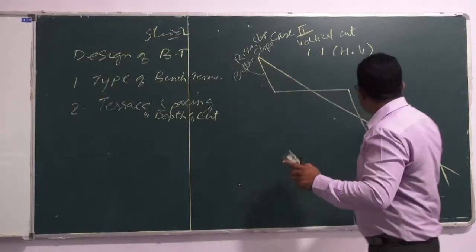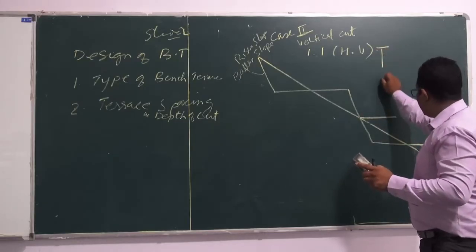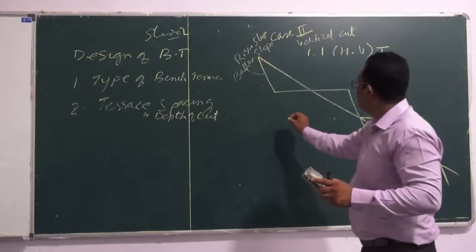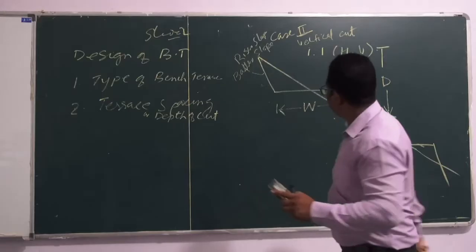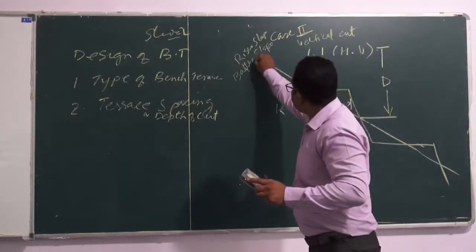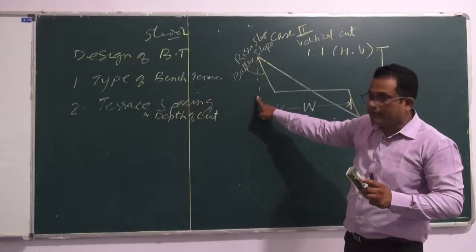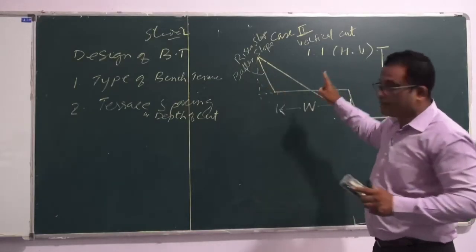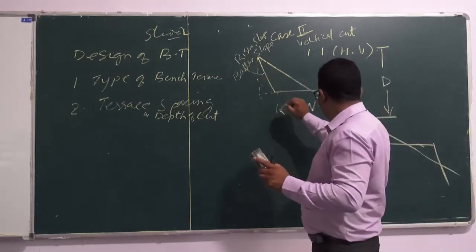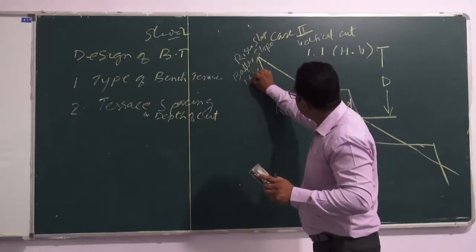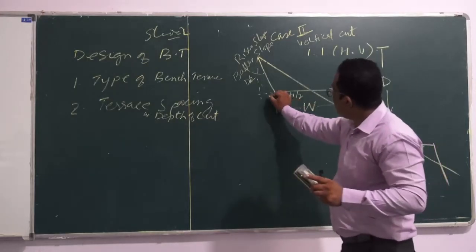So 1:1 means this is your vertical interval represented by D, and this is your width of the terrace. Had it been a vertical cut, it would have been like this. Since we are giving a batter slope of 1:1, this cut will be D by 2, and this is W by 2, and this will be W by 2.